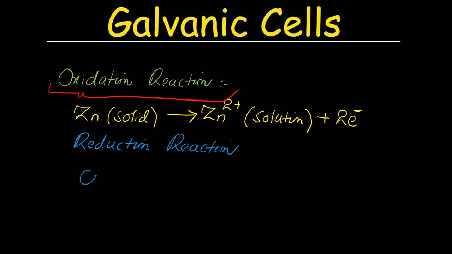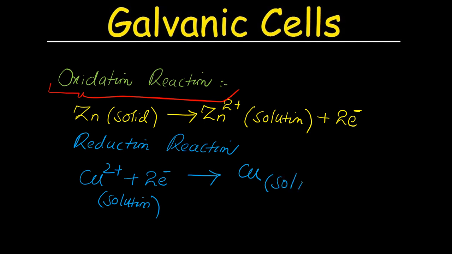In this reaction, Cu2+ ions are gaining 2 electrons from zinc. Copper will initially be unstable in metal form. It will be a part of CuSO4 solution. When it gains 2 electrons, copper will be converted into Cu atom, and it will be a part of the solid copper anode.